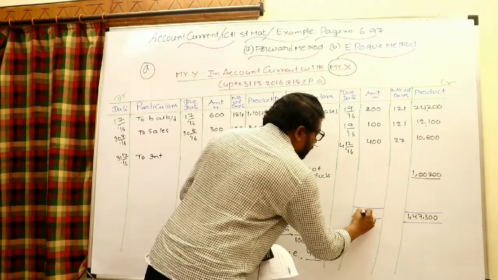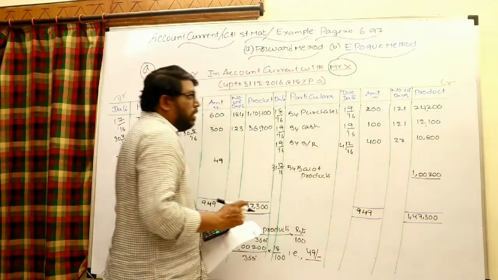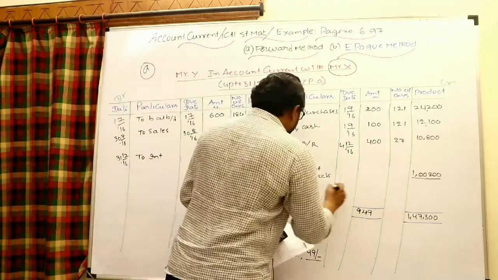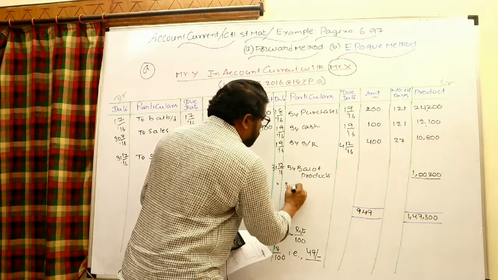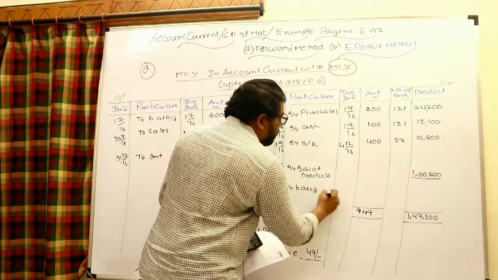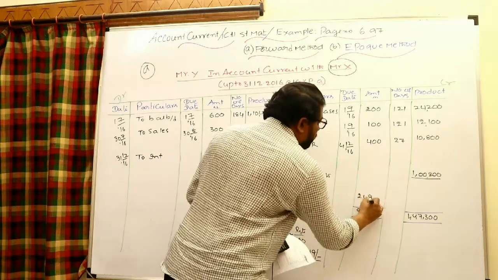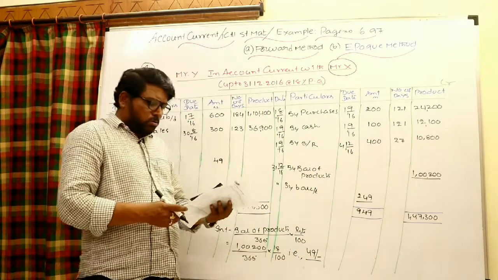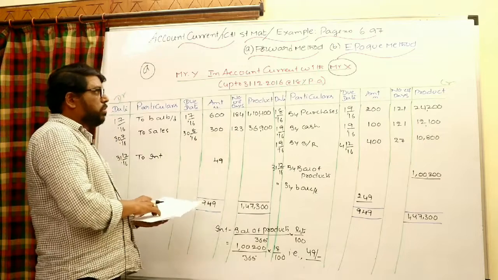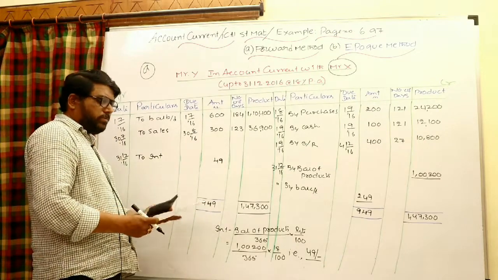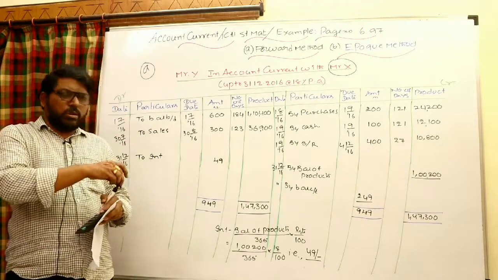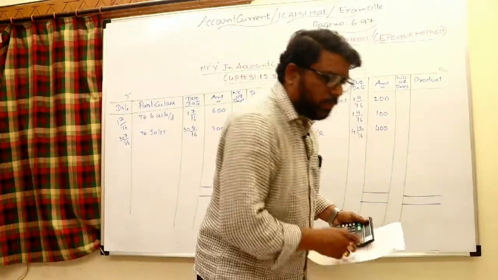Write the same 949 on the credit side. 949 minus 700, 249. By balance carried down, to balance brought down 249. This is what we call the forward method. Even all the earlier sums we have done by the same method.